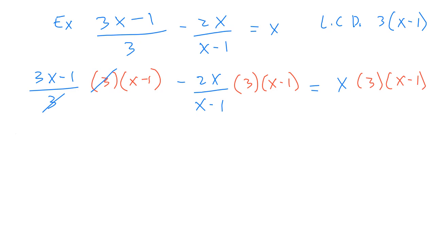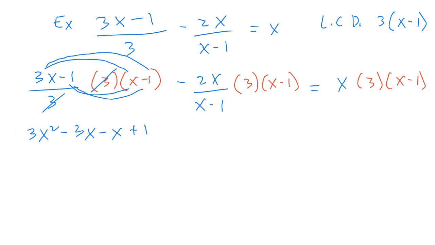So our answer would be the result of multiplying 3x minus 1 times x minus 1. It gives us 3x squared. Multiplying 3x times -1 is minus 3x, and then multiplying -1 times x is minus x. -1 times -1 is +1.